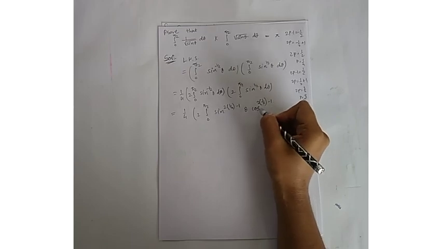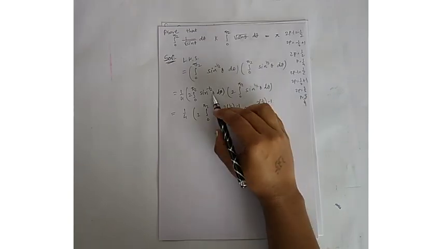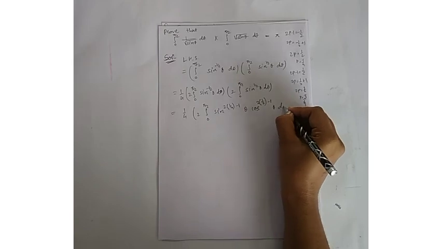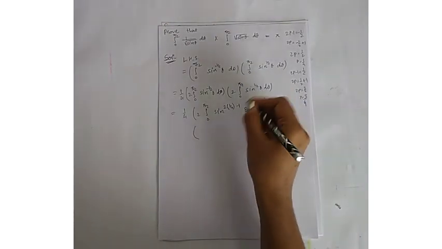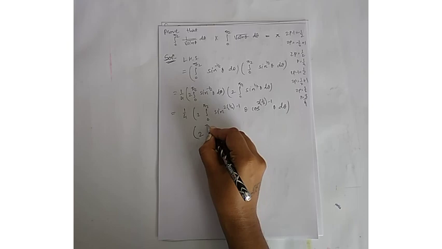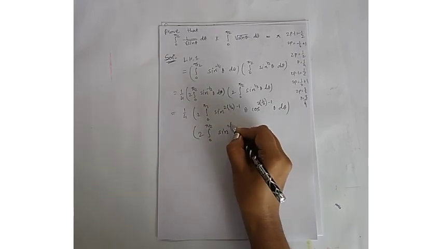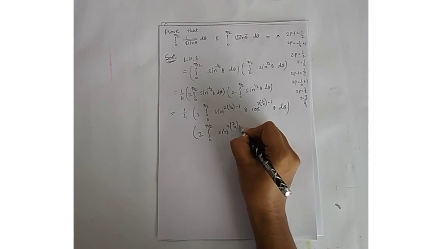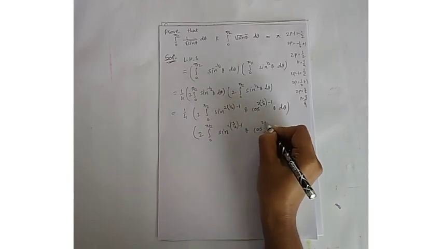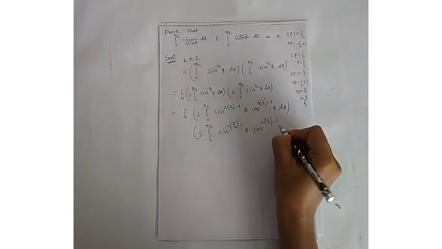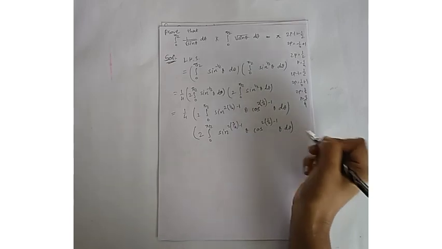So cos raised to 0, cos raised to 0 is 1, right? Theta d theta. Next integration, 2 into integration with limit 0 to pi by 2 sin 2 into 3 by 4 minus 1 theta cos 2 into 1 by 2 minus 1 theta d theta.